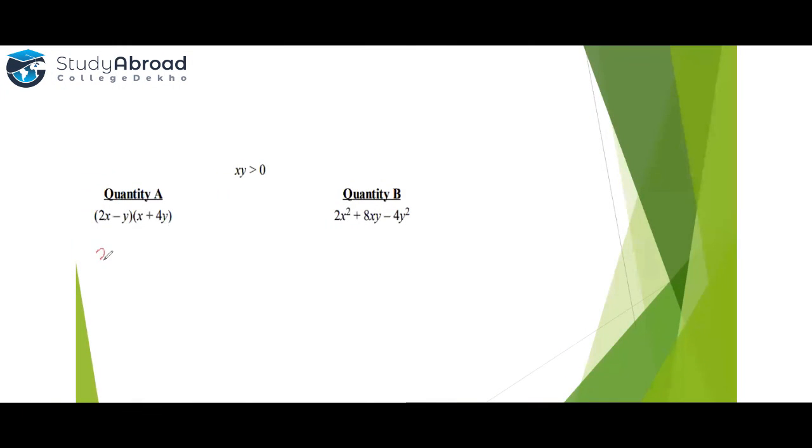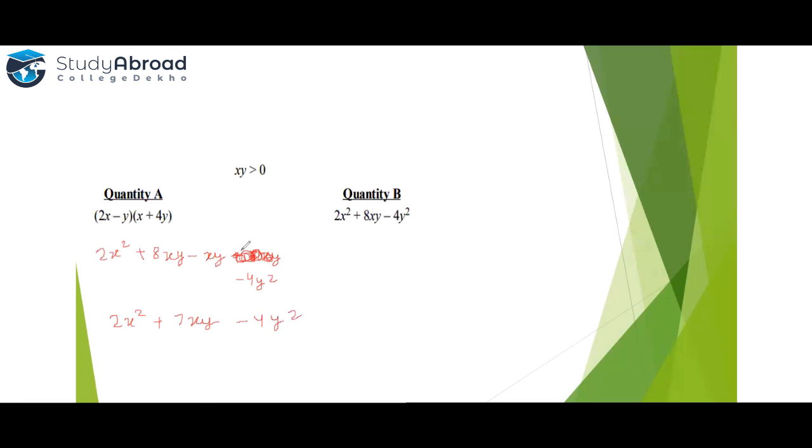So this will be 2x square plus 8xy minus xy, plus 8xy minus 4y square. Sorry, this will be minus 4y square. Okay. So if we simplify this, what are we getting? 2x square plus 7xy minus 4y square.